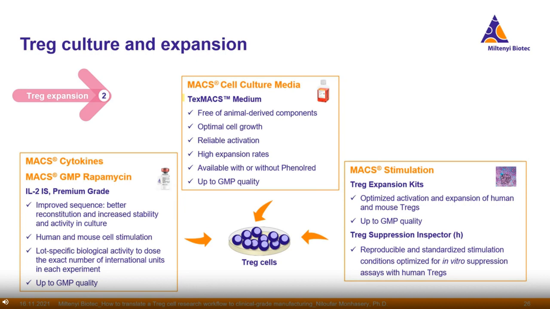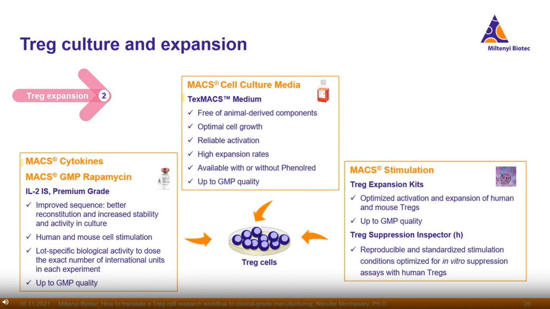The second component is choosing good cytokines. We offer you MACS cytokines in premium grade, which have an improved sequence that offers better reconstitution and increased stability and activity in culture. They are available for human and mouse cell stimulation.